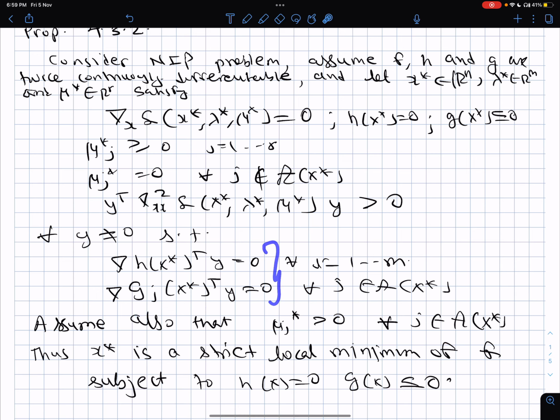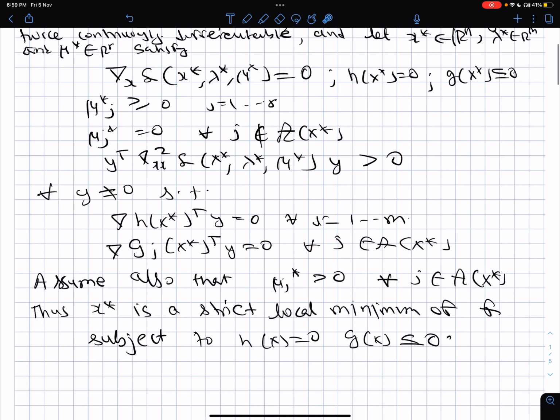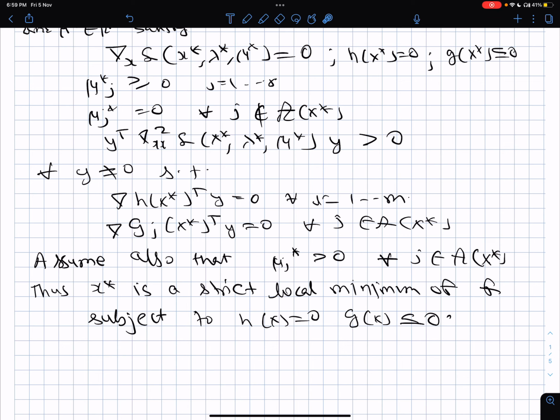So y not equal to 0, in the null space of this set, should give you a positive curvature on the Hessian of the Lagrangian function. This is also a part of the necessary condition.